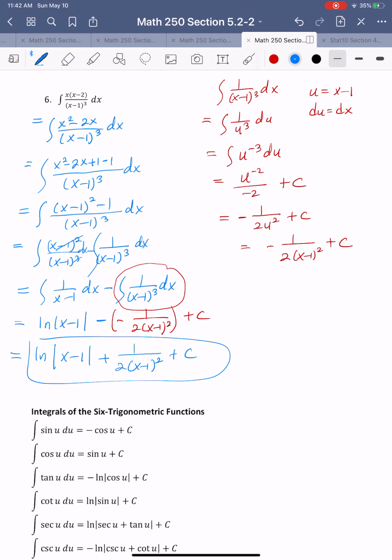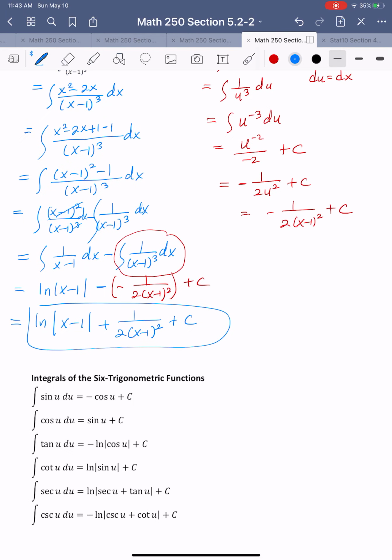So that's all. All right, integrals for the six trigonometric functions. The integral of sine u du is equal to negative cosine u plus c. The integral of cosine u du is sine u plus c. The integral of tangent u du is negative ln absolute value of cosine u plus c.